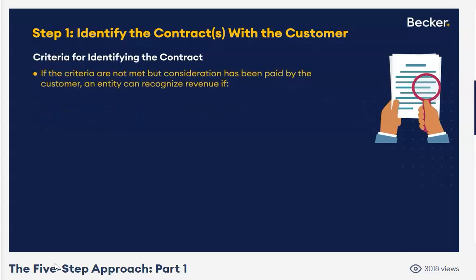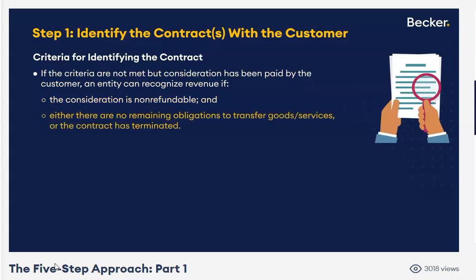Now, if the criteria are not met, but consideration has been paid, in other words, they paid, but you didn't have an enforceable contract, then we're going to go to the cash basis. Let me give you an example. Let's say I'm doing a continuing professional education course for one of our CPE clients, and we do multiple courses. I do about 60 different companies on a regular basis annually.